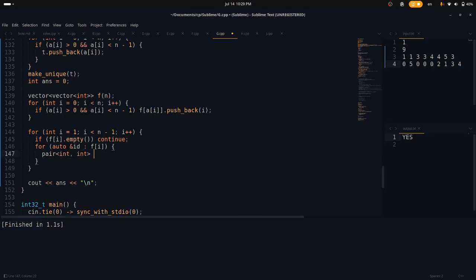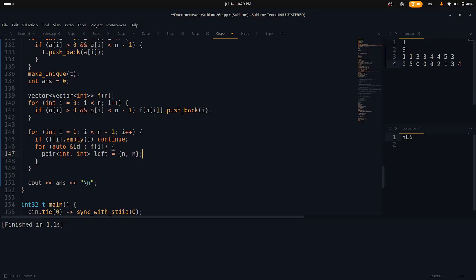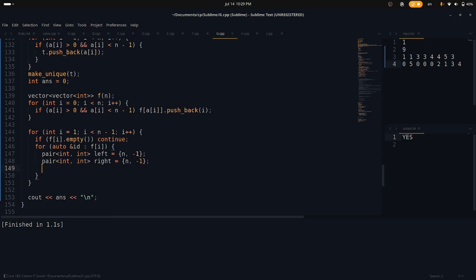Left. Not like this. So let's start from 1. Okay.